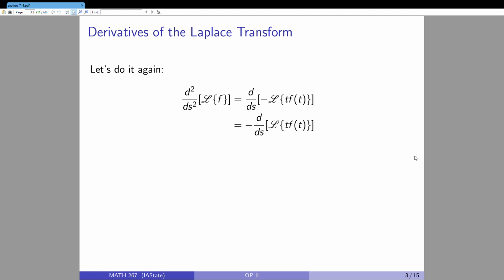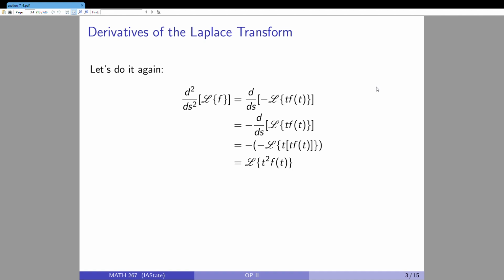And as we just learned, if I want to take the derivative of a Laplace transform, it's negative the Laplace transform of the function inside times t. So my function here is t times f of t. So, parentheses galore, we get this. And this is pretty atrocious looking, so let's clean it up. And oh, look, it cleans up pretty nicely.